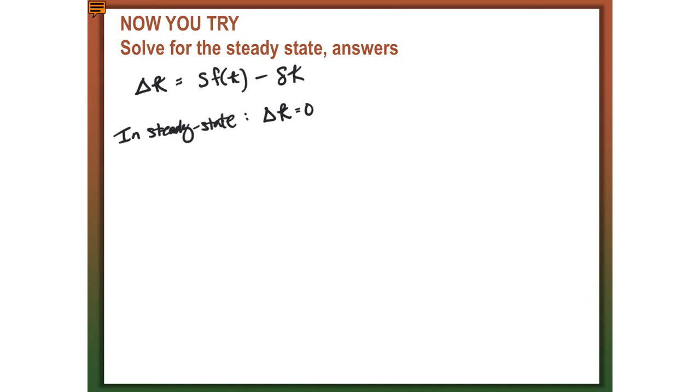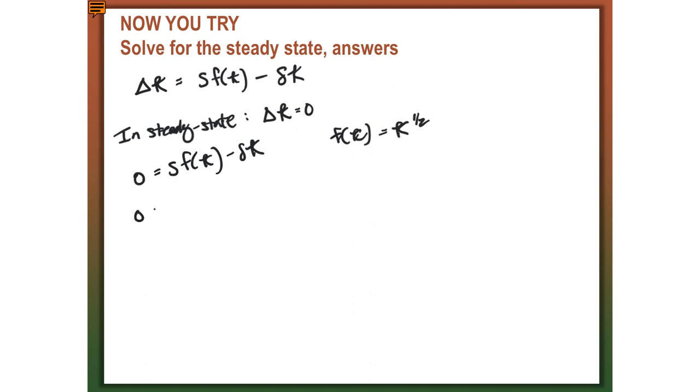So let's do that. Let's set the equation of motion 0 equal to s times f of k minus delta k. We also know that the production function f of little k is equal to k to the 1/2. That, again, was given in the problem.